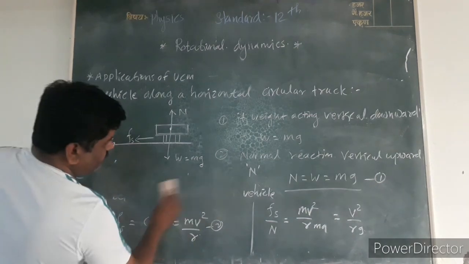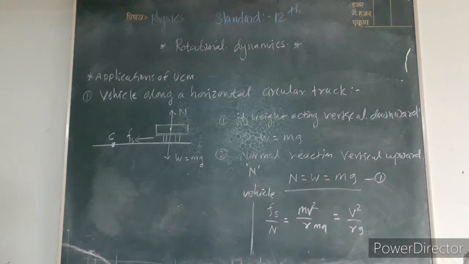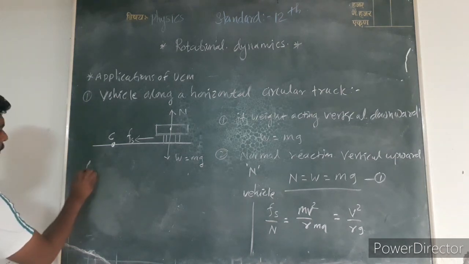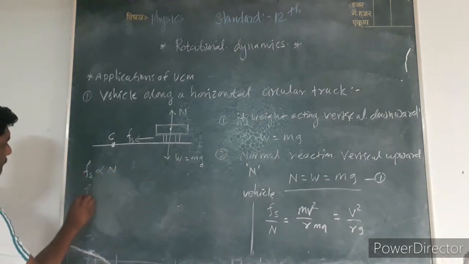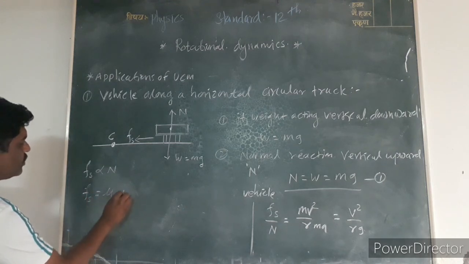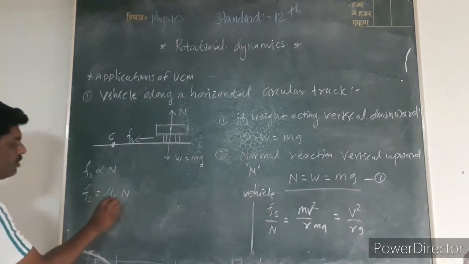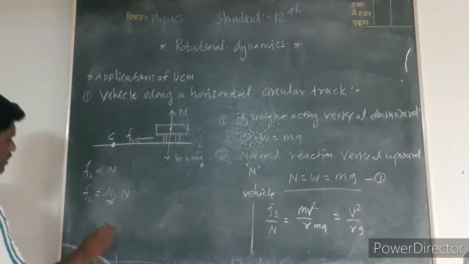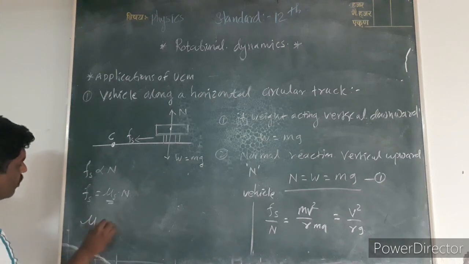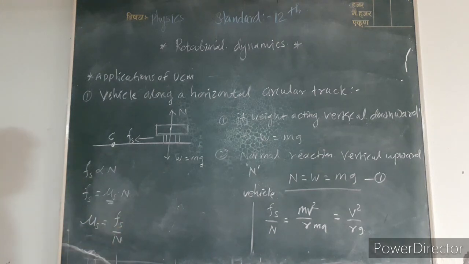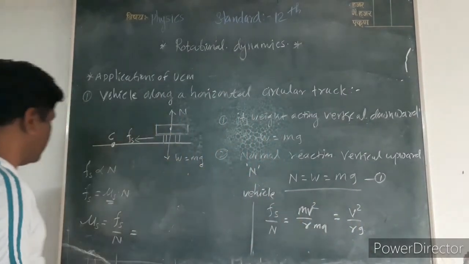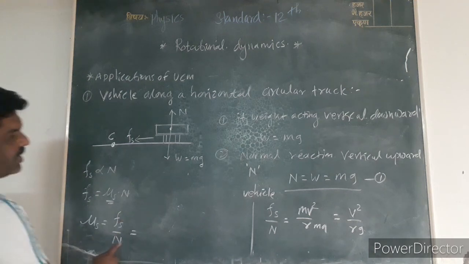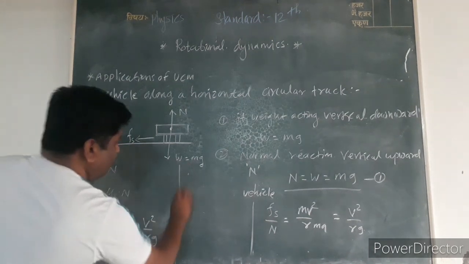Also, the force of static friction is directly proportional to the normal reaction, or Fs is equal to mu s into N, where mu s is called the coefficient of static friction, and mu s is equal to Fs upon N. Therefore, mu s is equal to Fs upon N is equal to v square upon rg.